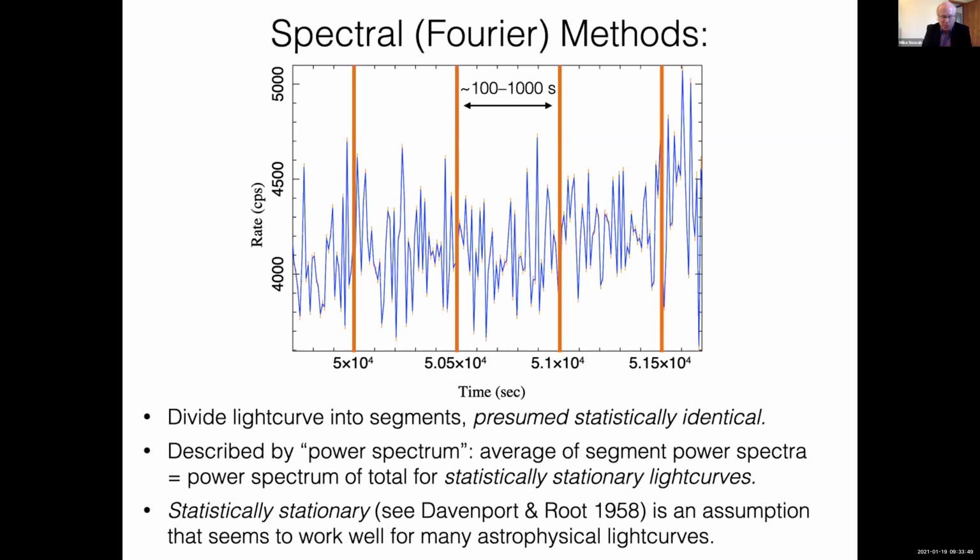Now, there are two reasons we typically choose timescales on the order of 100 to 1,000 seconds. I'm going to show you a little bit later in the talk that this covers a wide range of characteristic timescales in the light curve itself, but more importantly, it's just the practicalities of observations. Most of the satellites looking at these objects are orbiting the Earth.